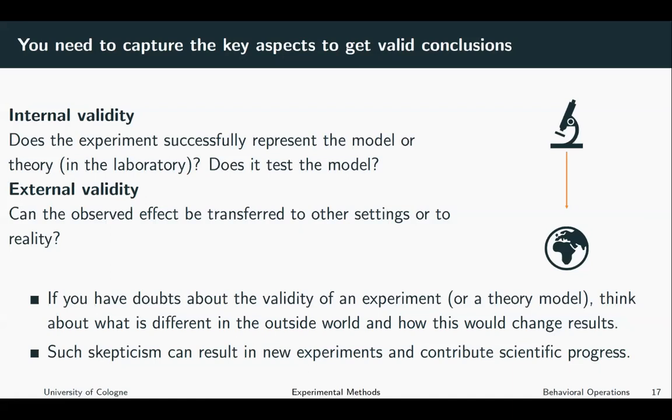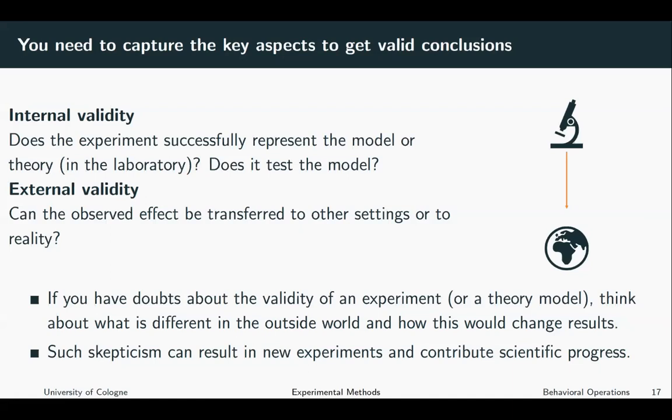Then we also have to ask if the external validity is given. Can the observed effect be transferred to other settings or to reality? If you have doubts about the validity of an experiment, or you can also have doubts about the theory of a model, think about what is different in the outside world and how this would change the results.